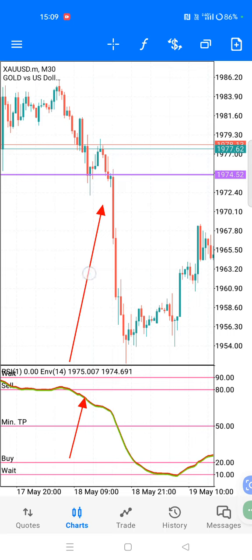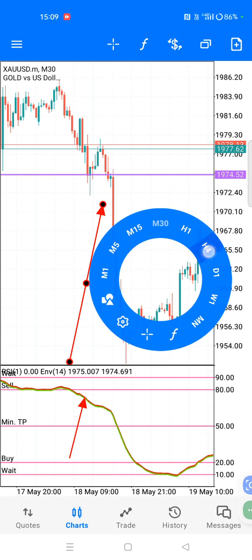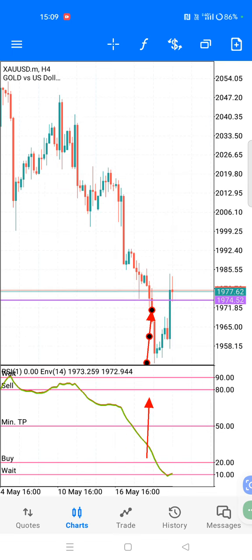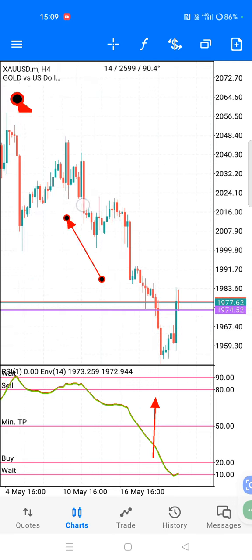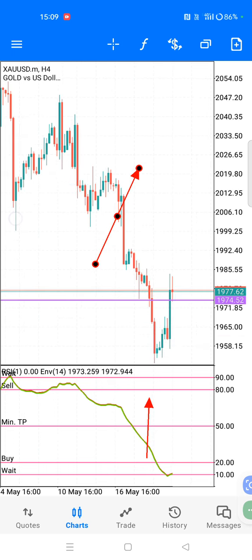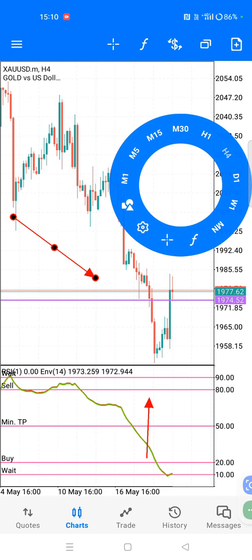So guys, since you put a trade at 1974.52, okay, look at the bigger picture. You have to learn something. You have to have some basic trading knowledge. Okay, so if I took a trade in 1974, where is the stop loss?